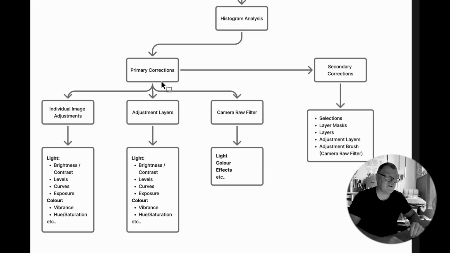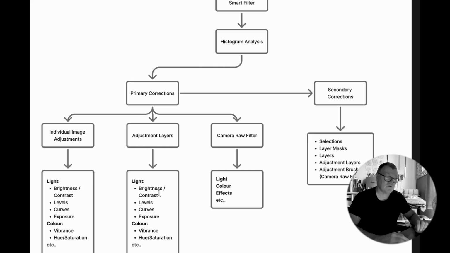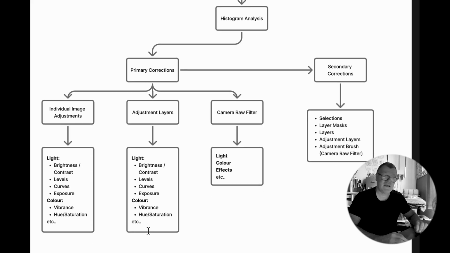So primary corrections are normally split into three possibilities in Photoshop. Image adjustments, which are individual adjustments, specific things like brightness and contrast, levels or vibrance. Those are specific tools that allow you to adjust that one specific thing. And if you have made your object, your layer a smart object, it's all going to be done non-destructively.